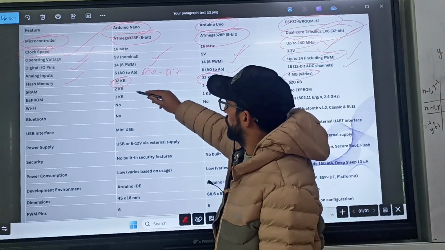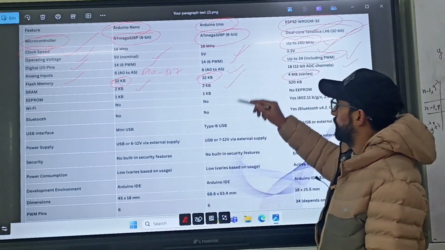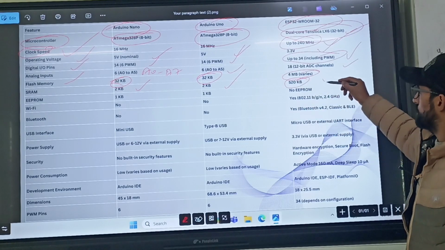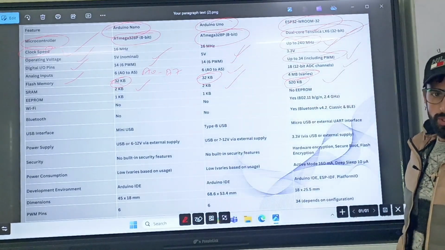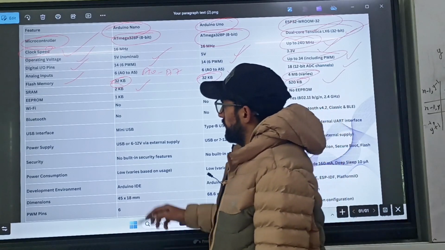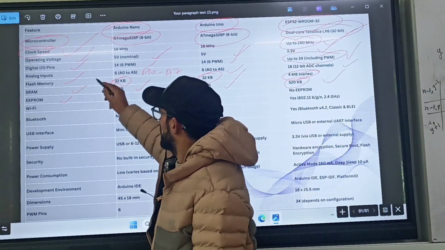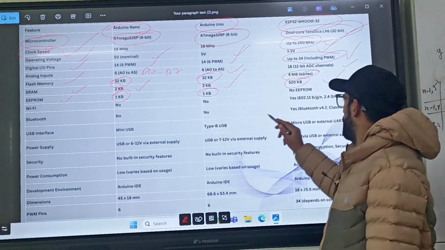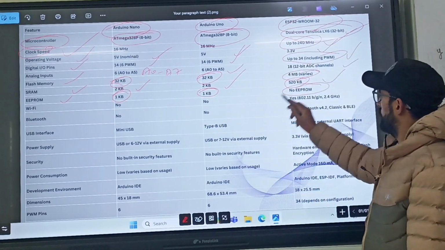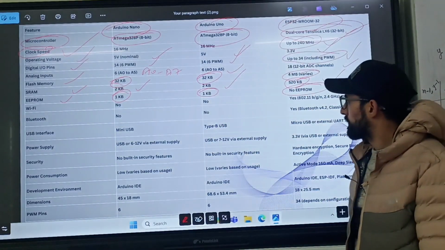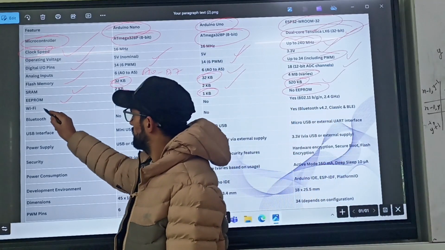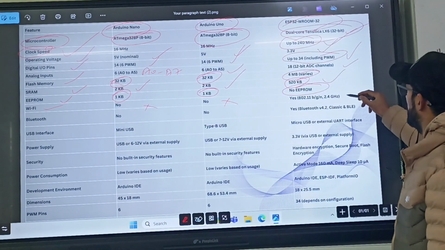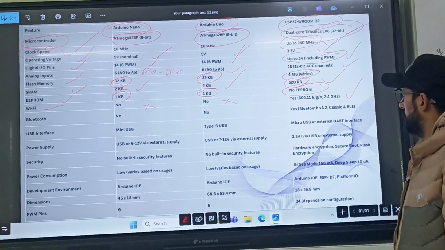The SRAM of the Arduino Nano is 2 KB, Arduino Uno is the same 2 KB, but in ESP32 the SRAM is 520 KB. Now talking about the EEPROM. There is 1 KB of EEPROM in Nano, same in Uno, but in ESP32 there is no EEPROM. Now Wi-Fi. Nano and Uno have no Wi-Fi, but ESP32 is Wi-Fi enabled, 2.4 gigahertz, 802.11.